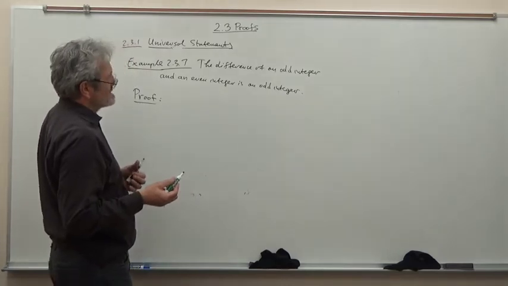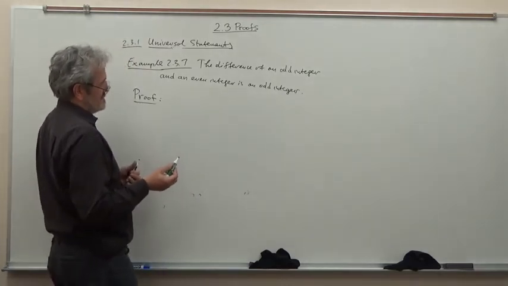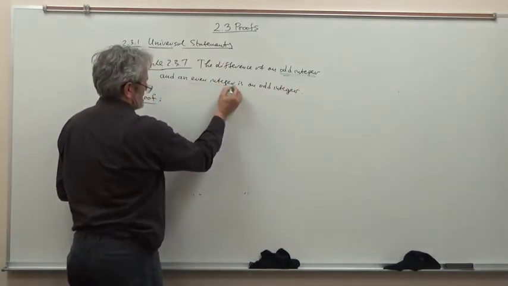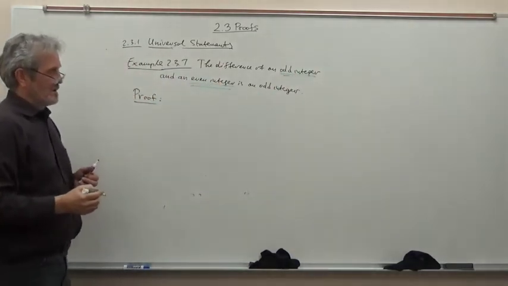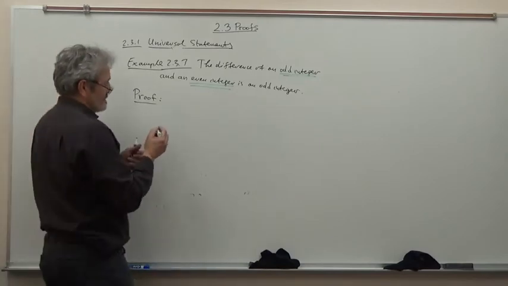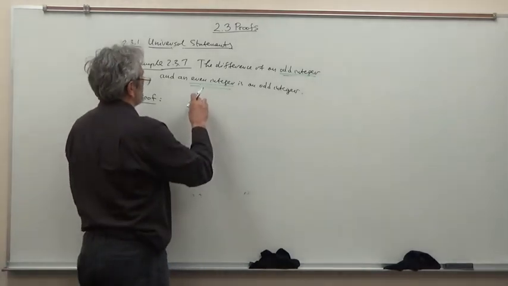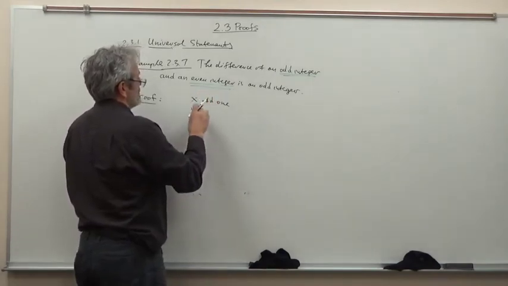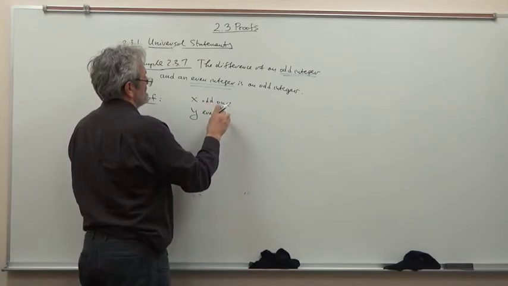So this statement is about two numbers, because an odd integer is one of them, and an even integer is the other one. So we introduce a variable for each of them. So x will be the variable for the odd one. Y will be the variable for the even one.